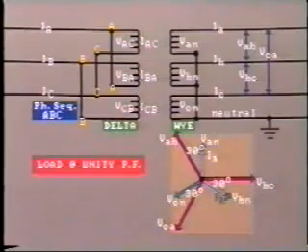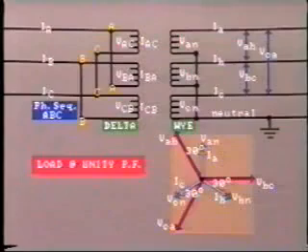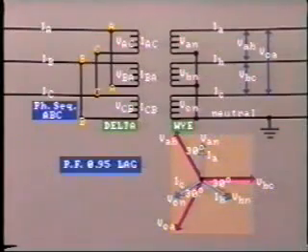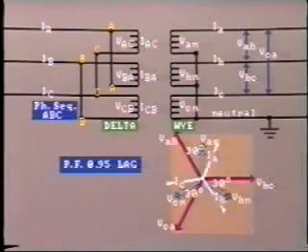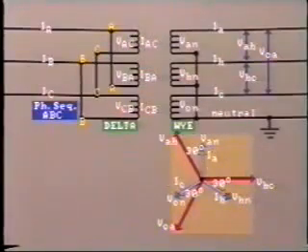Similarly, IB is in phase with VBN, and IC is in phase with VCN. Of course, if the power factor is, say, 0.95 lagging, then all of the currents will be offset by 18 degrees. So much for the secondary.